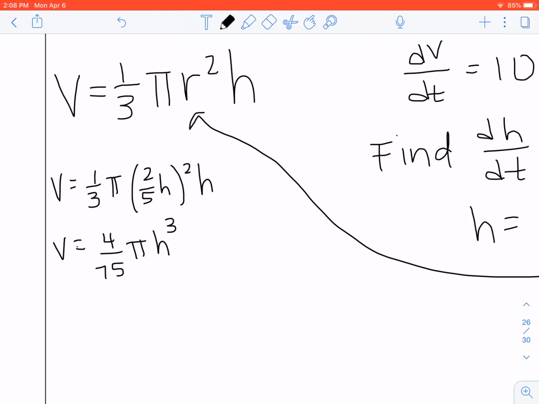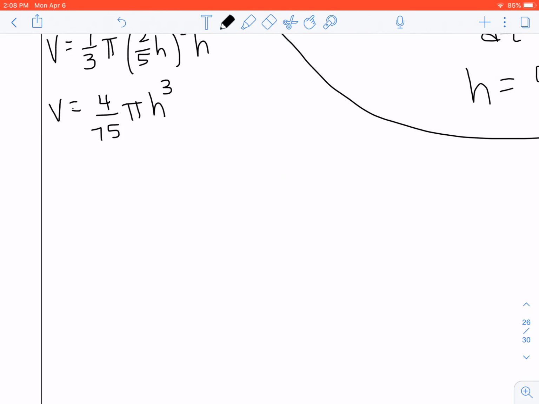And then from here, I'm going to take a derivative with respect to time on both sides. So I'm going to have dV/dt is equal to, multiplying that 3 out in front, 12/75 pi h squared times dH/dt.